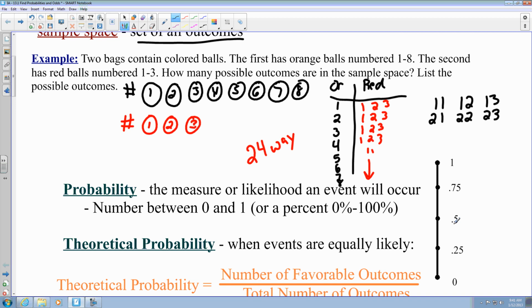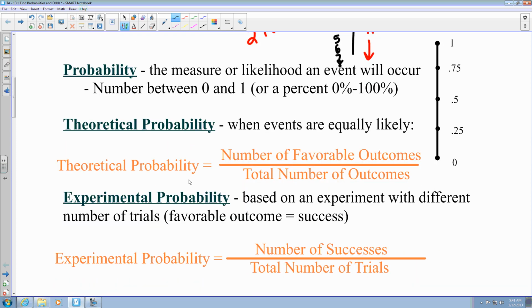It's either going to be heads or tails, a 50-50 chance. 100% means it's certainly going to happen. So say I go into this second bag of red balls and I say I'm going to select a red ball. Well, if there are only red balls in there, of course, it's going to be a 100% chance.